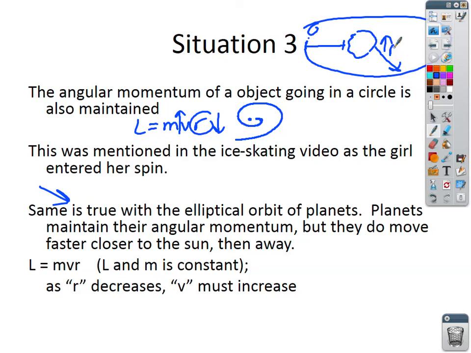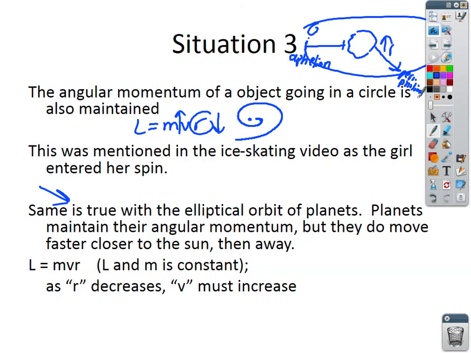This is what I think is called the aphelion and the perihelion or something like that. Don't quote me on that. But they're the points where it's closest and farthest away from the sun. So again, the angular momentum of the entire orbit remains exactly the same.